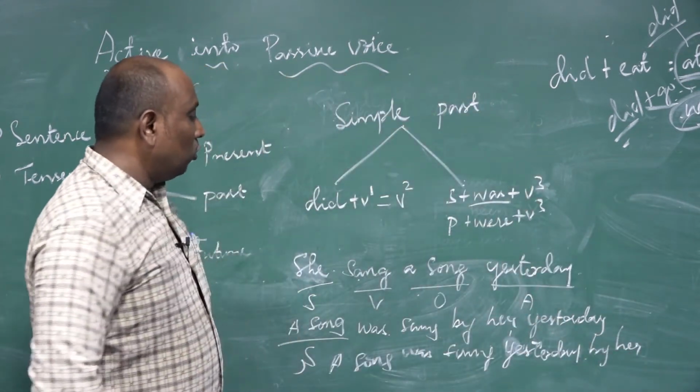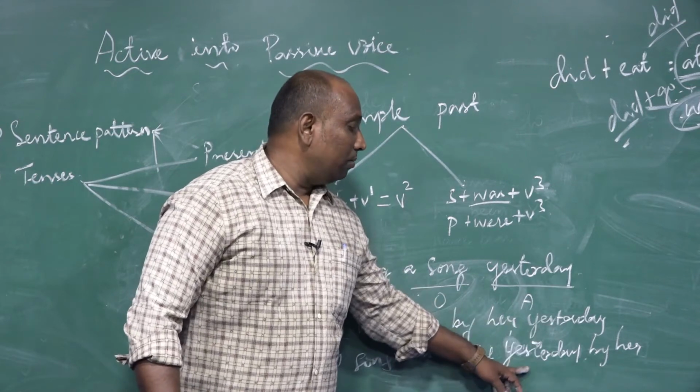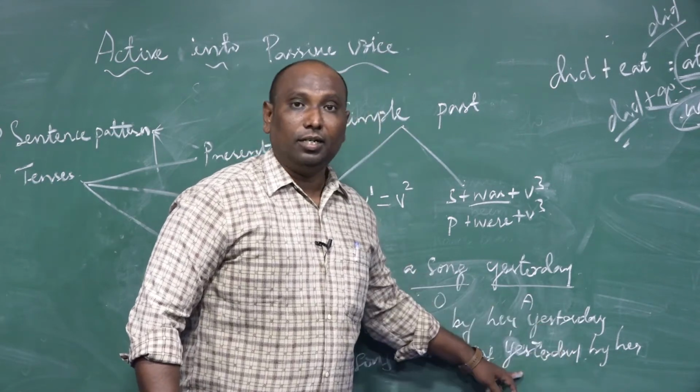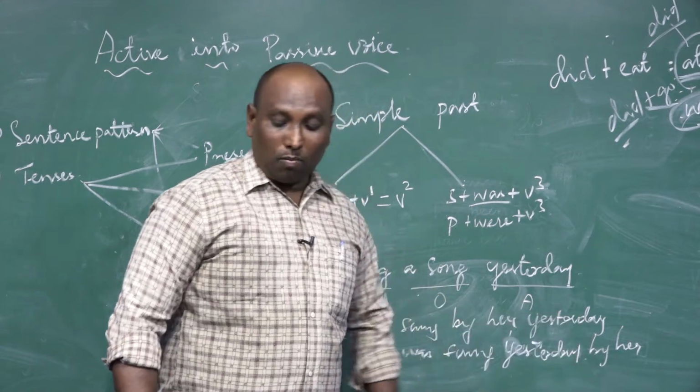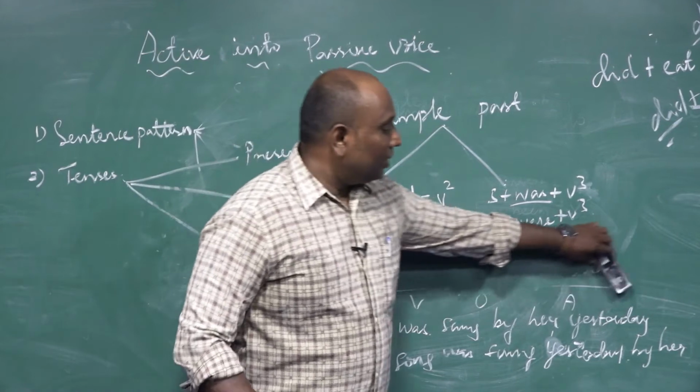Both ways. So you can place it anywhere. There is no problem in placing the adjunct. So here or here, that's not a problem. So remember, the adjunct is not a matter. So we can write anywhere.